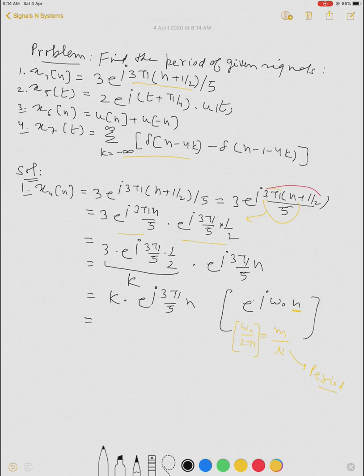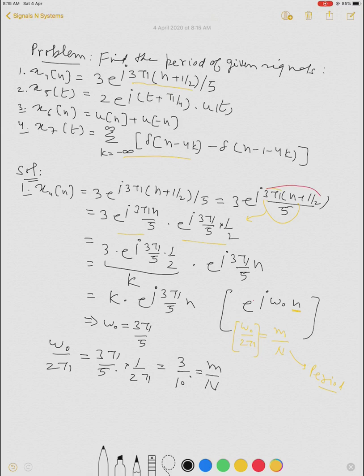So compare here, omega naught is 3 pi by 5, so omega naught upon 2 pi is equal to 3 pi by 5 upon 2 pi, which gives you 3 upon 10. This is nothing but m upon n, so n, the period, is equal to 10. Answer.